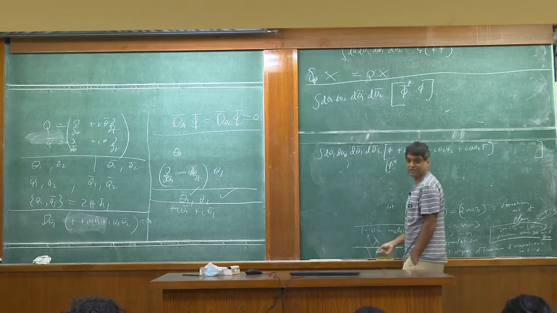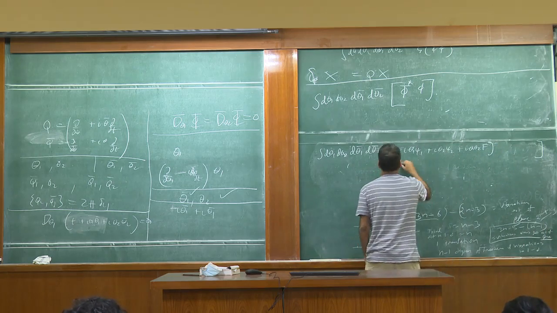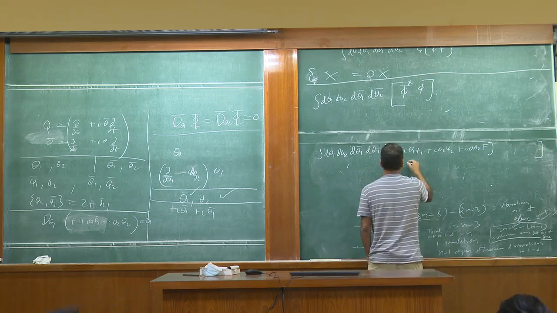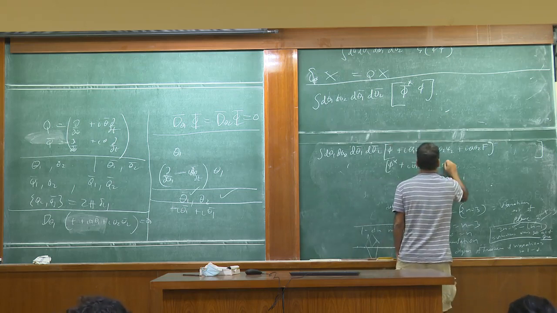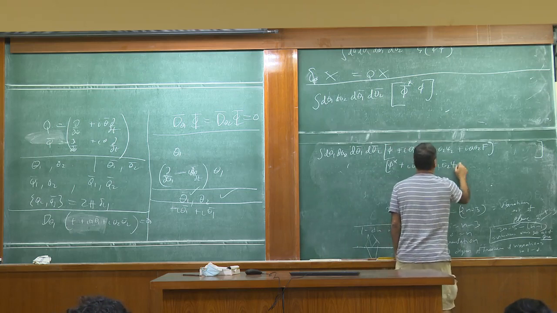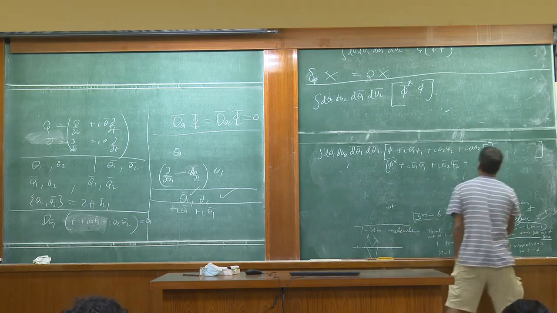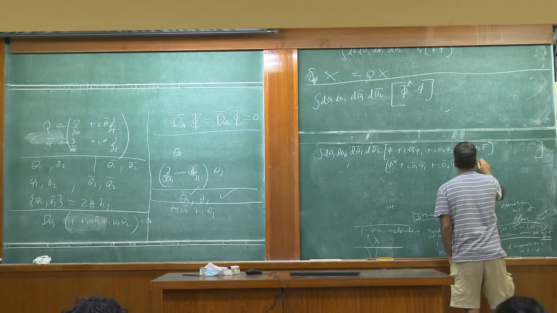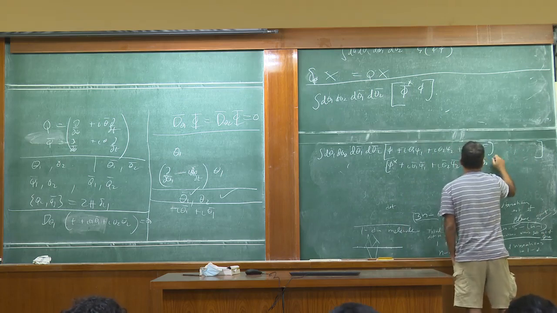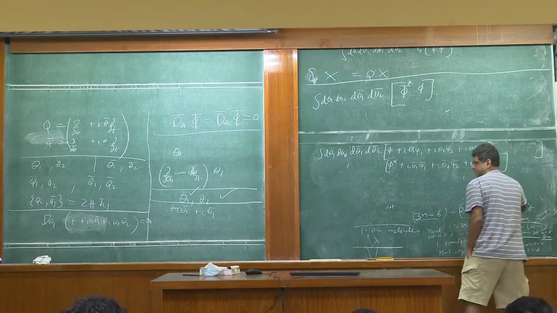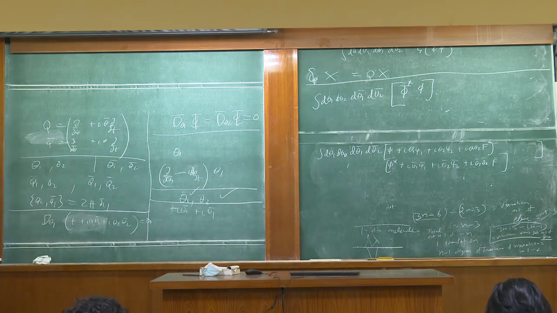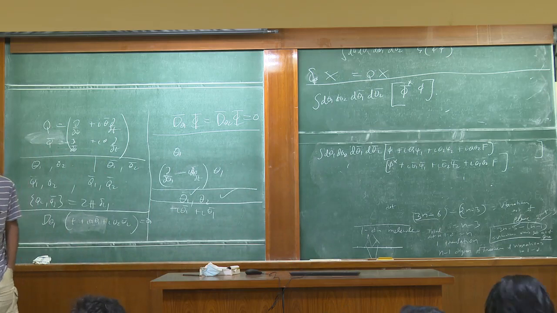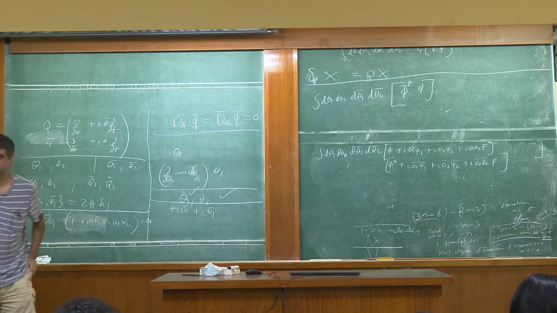Everything here is a function of tau star. Okay. Please correct me if I'm making mistakes. I theta 1 bar psi 1 bar plus I theta 2 bar psi 2 bar plus I theta 1 bar theta 2 bar f bar. Okay. And I always have to keep in mind that everything here is a function of either tau in the first line or tau star in the second line.